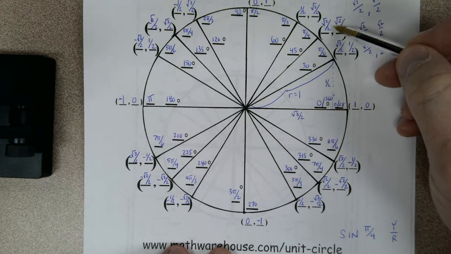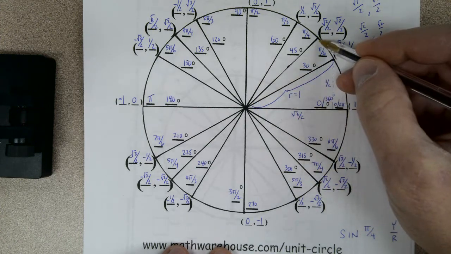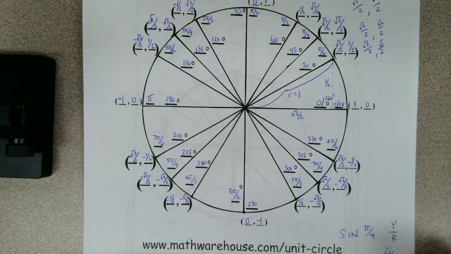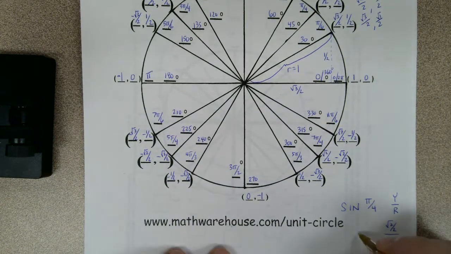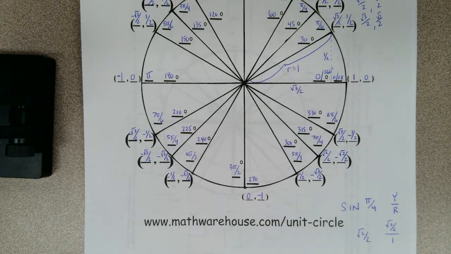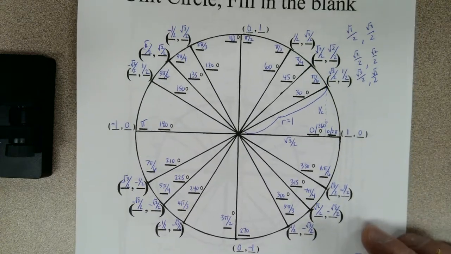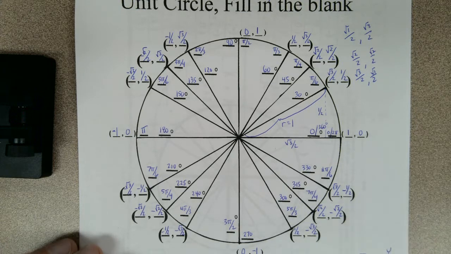Remember, y here is radical 2 over 2. The radius is 1, so radical 2 over 2 over 1 is simply radical 2 over 2. So we could say the sine of pi fourths is radical 2 over 2. And that's just one scenario as to how we can utilize the unit circle. We're going to do some more examples of that and get into greater depth as the week goes along.